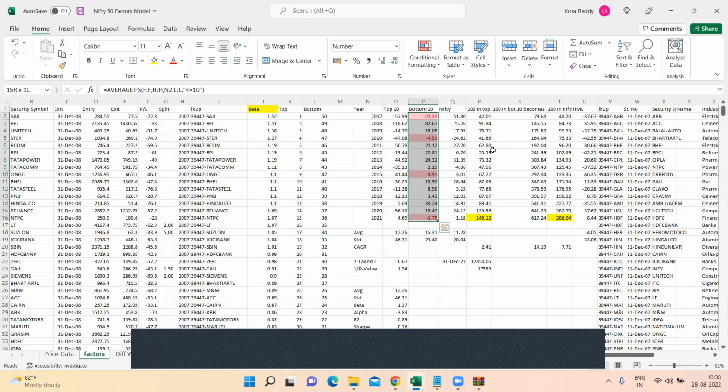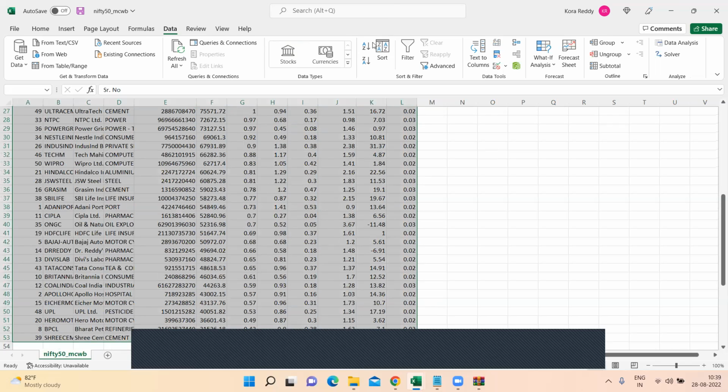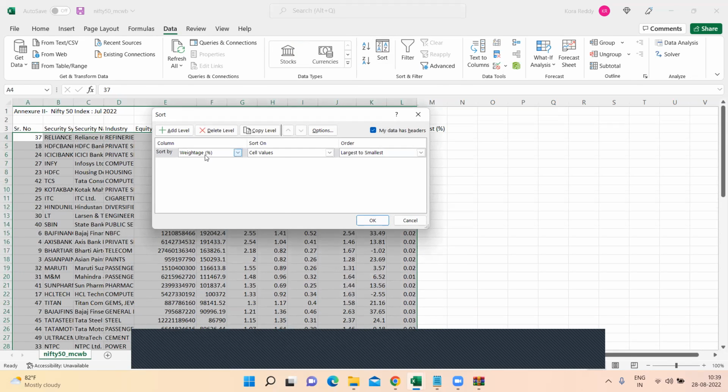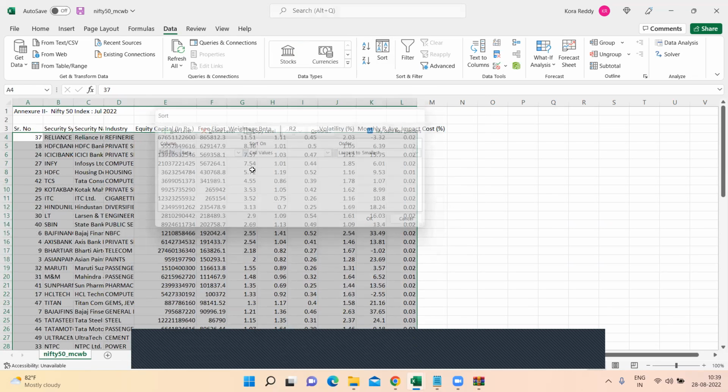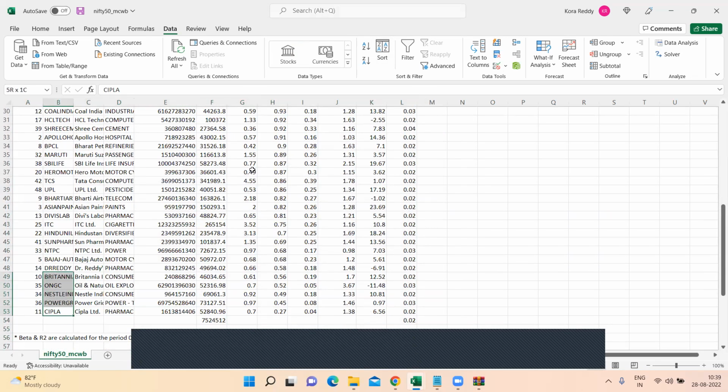So this year, what are the bottom 10? These are all high-paying dividend stocks, especially. Hindustan Lever pays 2% dividend. NTPC pays quite a bit of dividend. Britannia is a 2% dividend stock. Nestle is another 1 to 2%.